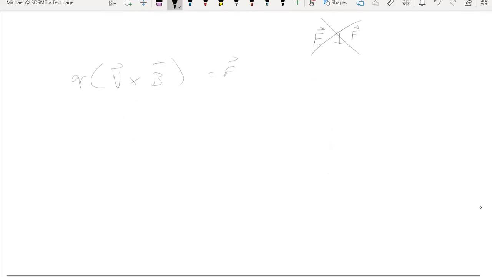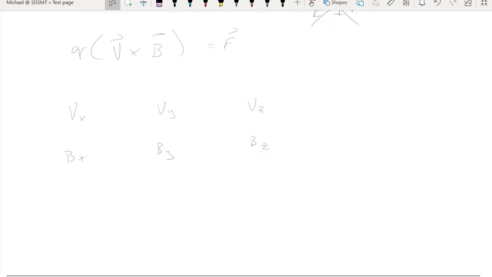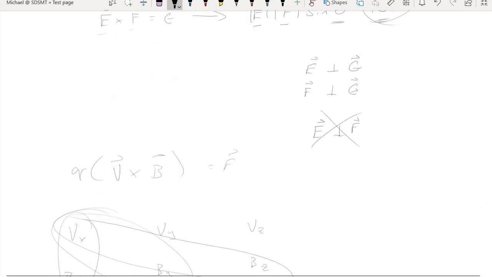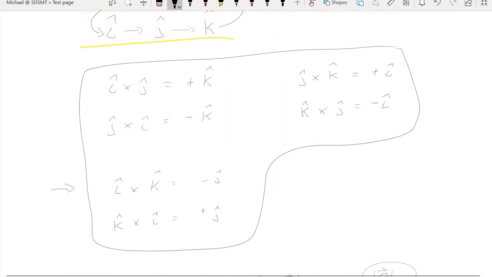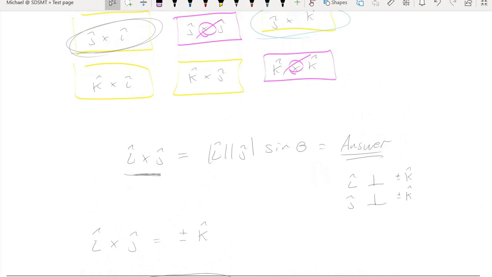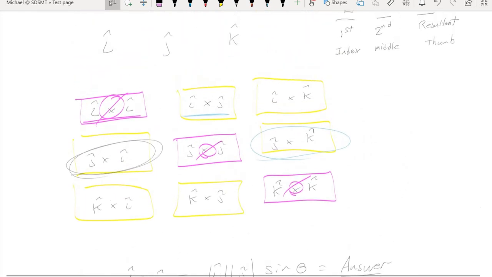But both of these vectors could have X, Y, and Z components associated with them. If I want to take the cross product of these two vectors, then I should consider taking the individual cross products of every possible pairing. And that means another 9 combinations, like we had up here.